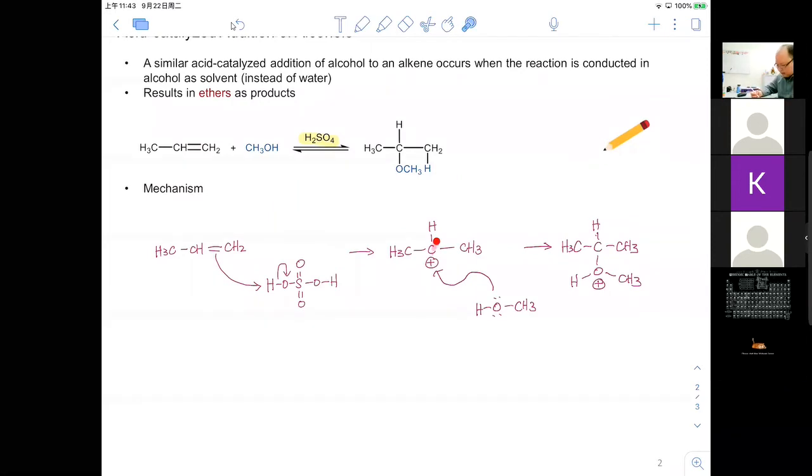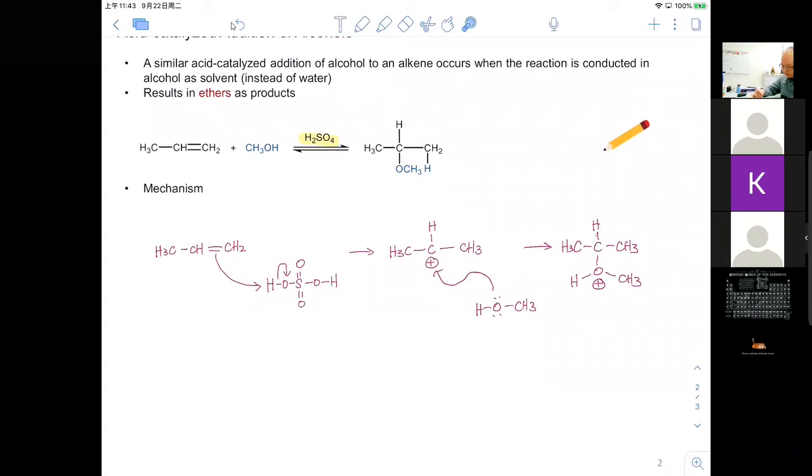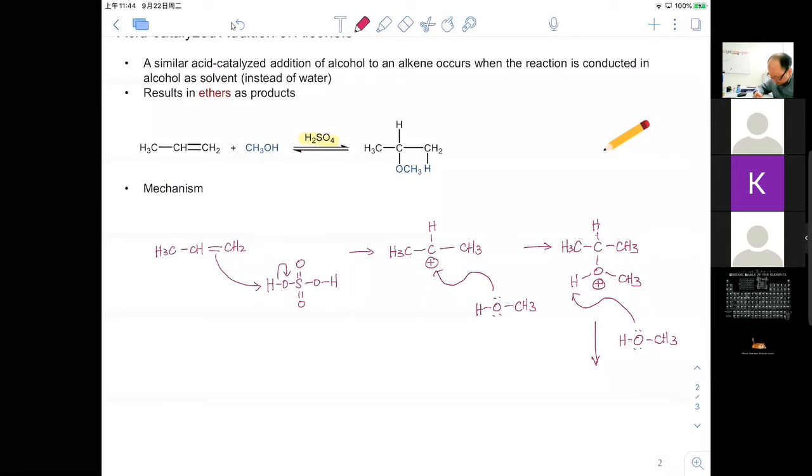Then, like the process of hydration, we need to remove this proton. The way we remove it is with another molecule of methanol. So the lone pair attacks here and goes back to oxygen.